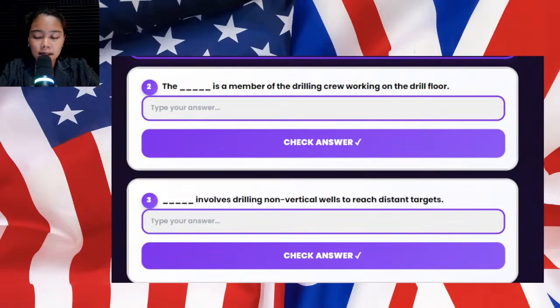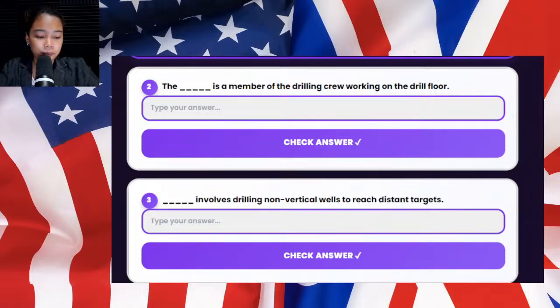Okay. The sentence is: the blank is a member of the drilling crew working on the drill floor. I'm so sorry, again: the blank is a member of the drilling crew working on the drill floor. Okay, type out your answer in 10 seconds.